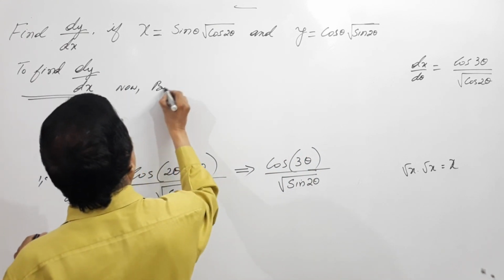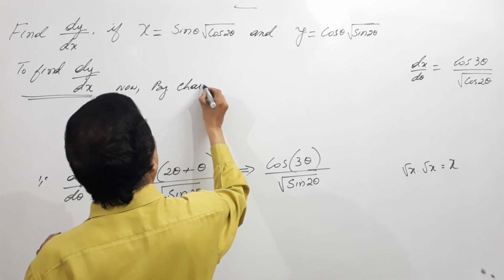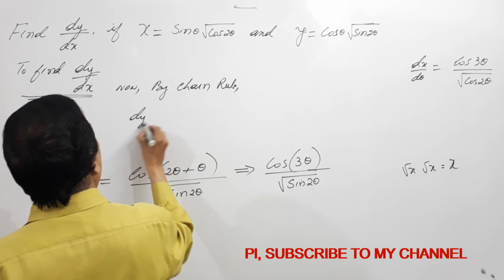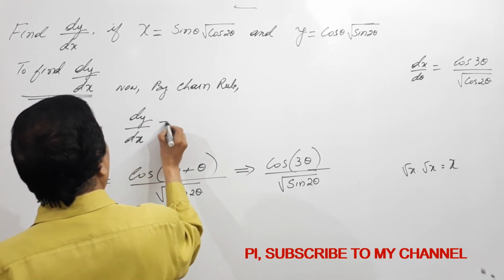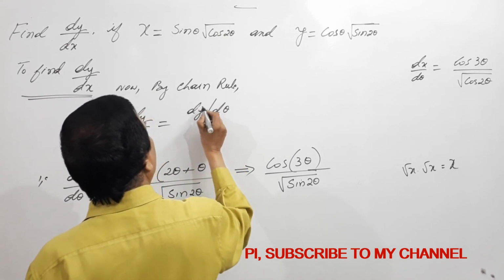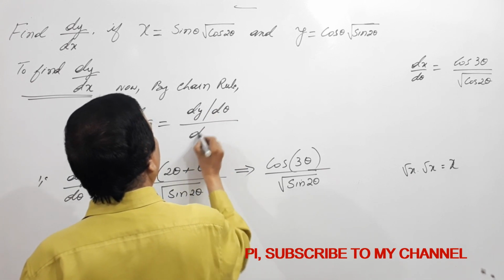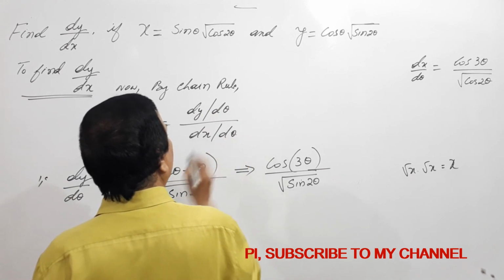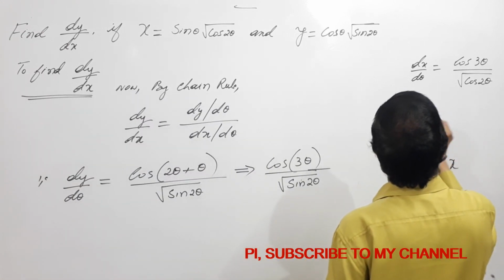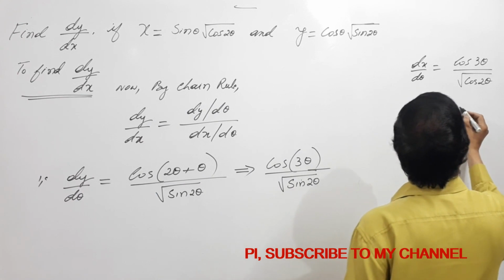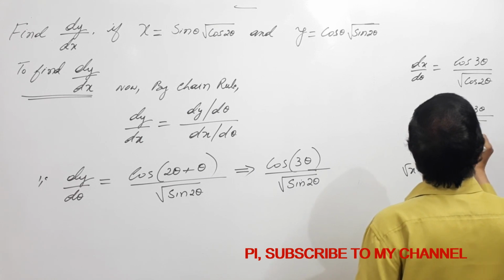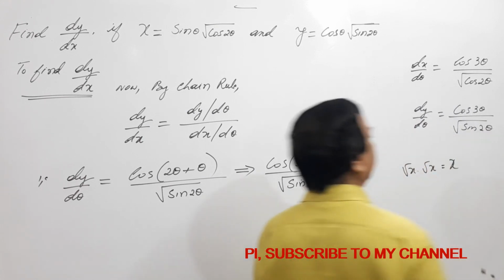Now by chain rule, dy by dx equals to what? Dy by d theta divided by dx by d theta. So now dy by d theta equals cos 3 theta divided by root of sin 2 theta.